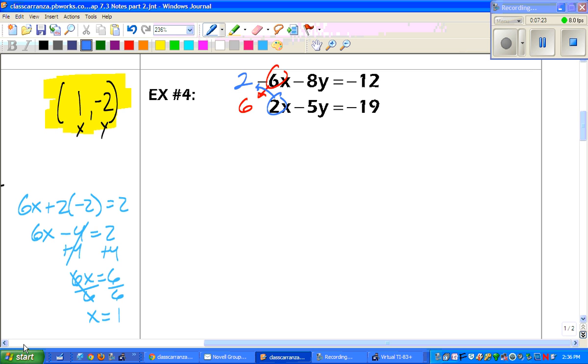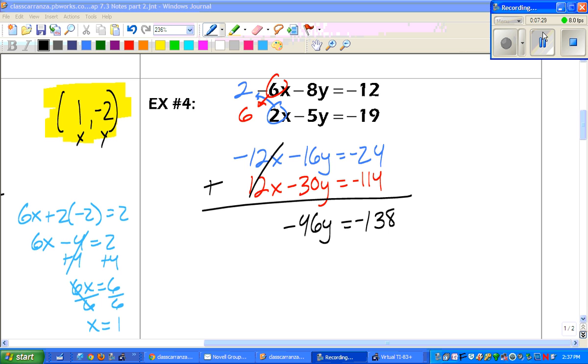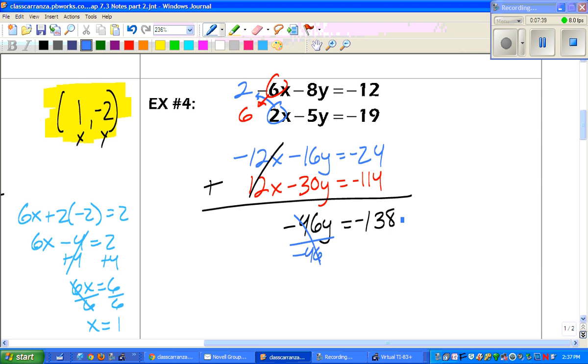Go ahead and pause the video and let's see how you do. Okay, did you get this far yet? If you did, you're on the right track. Okay. Last thing we have to do is divide by negative 46. And we get y equals 3. Okay.